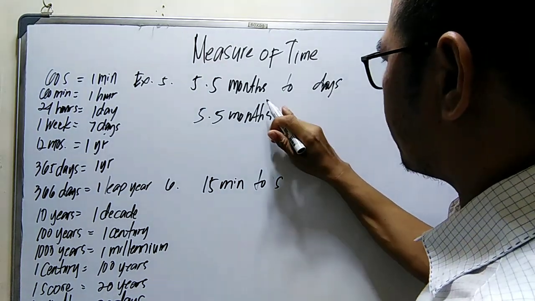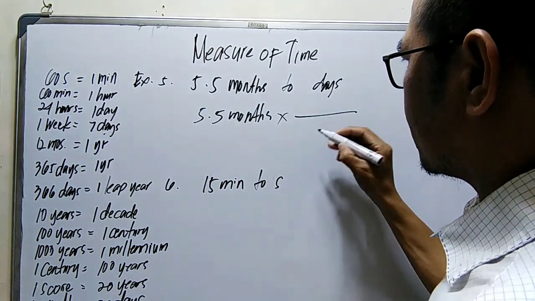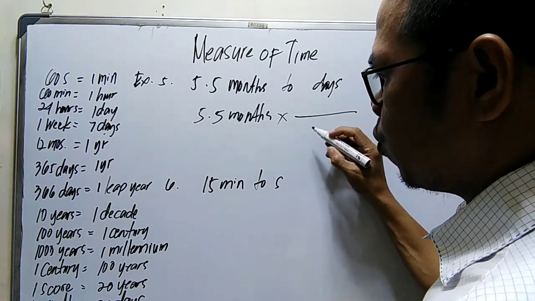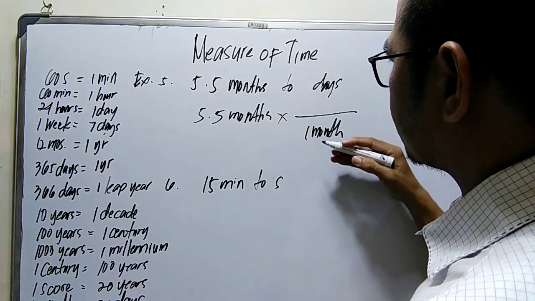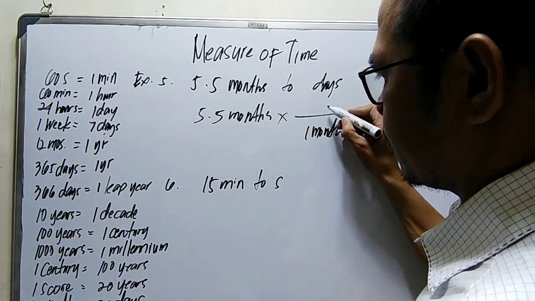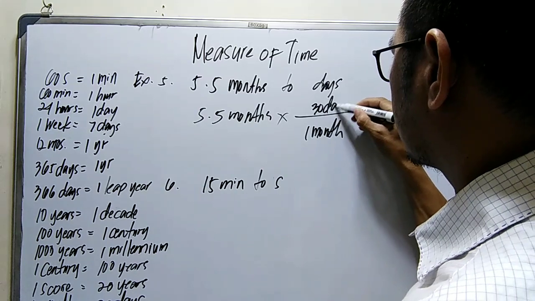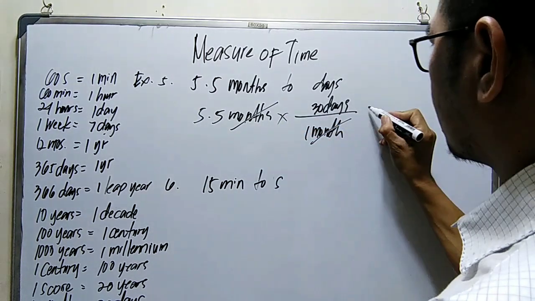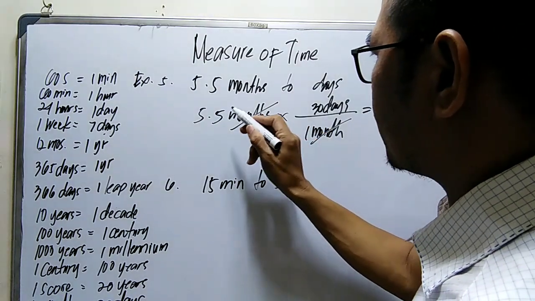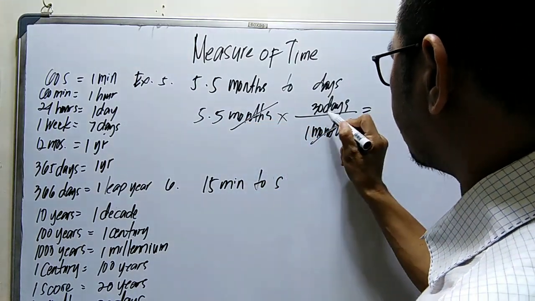So, multiply natin. Dapat dito sa denominator, yung 1 month. Okay? 1 month. Tapos dito sa numerator is days. 30 days. Okay? And then, i-cancel natin yung month. So, ang naiwan, 5.5 at saka 30 days.